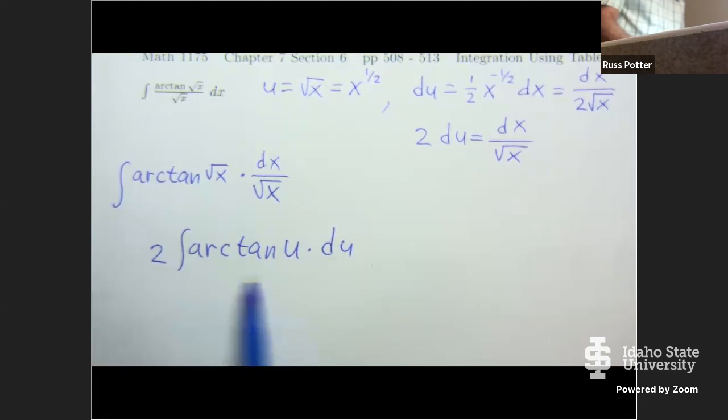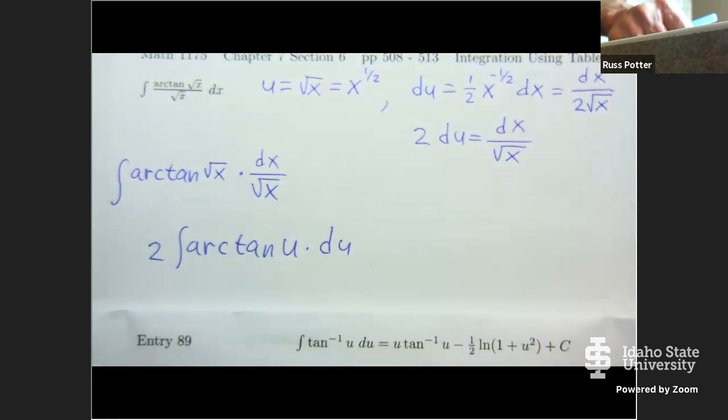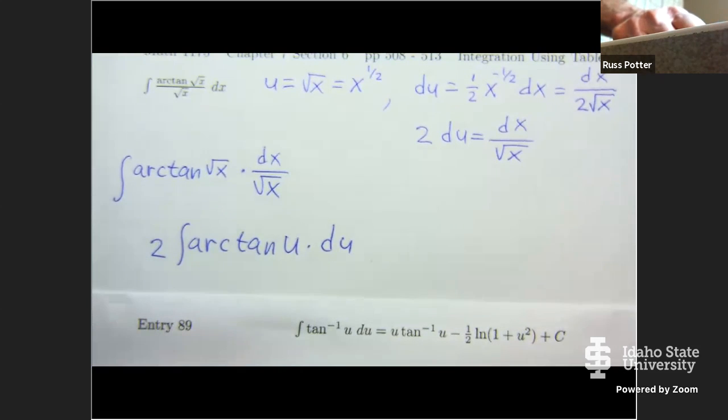We've already found this indefinite integral a couple times this semester already, using integration by parts, but we're going to use the table. So in the table, entry number 89, okay, so there's entry 89.